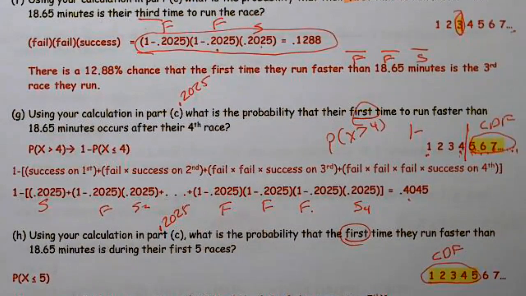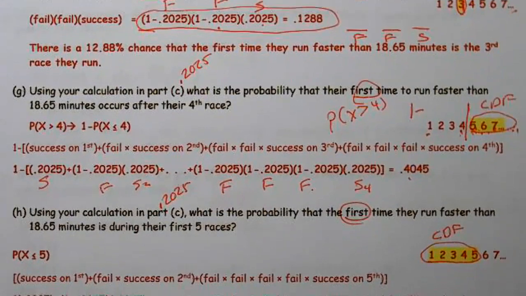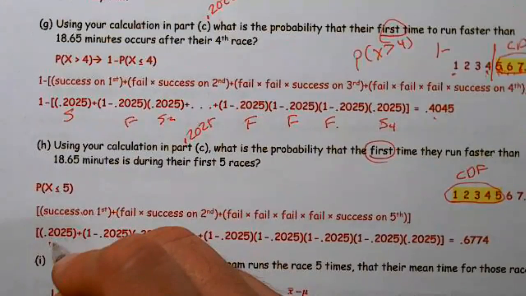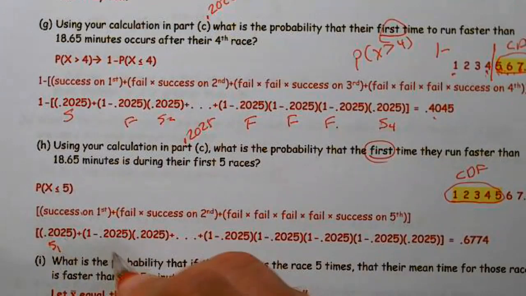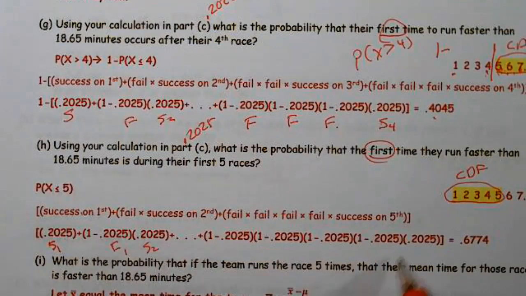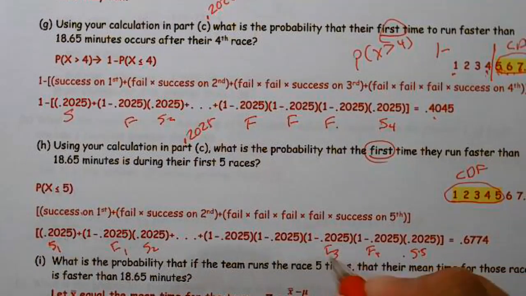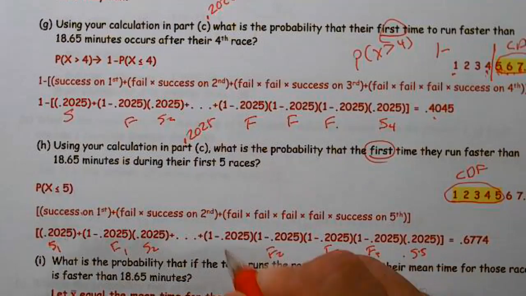First tells me I'm probably looking with a geometric. So I need the probability of success on the first, or success on the second, which means a fail on the first, all the way to success on the fifth, which means fail on the fourth, fail on the third, fail on the second, fail on the first.